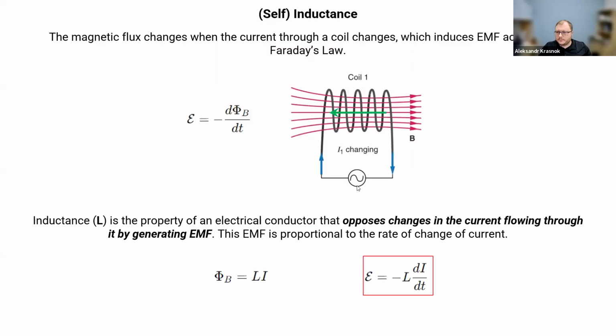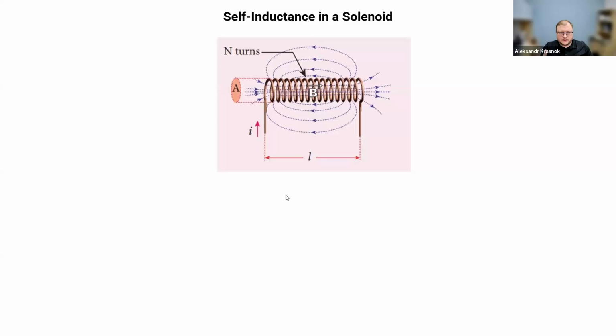Yeah, so we said that it's important to calculate inductance for many reasons, right? And one system, which is very well known from the theoretical point of view, is called a solenoid. A solenoid is a coil with many turns, and it's long enough to consider the magnetic field inside the solenoid, inside this coil, as homogeneous.